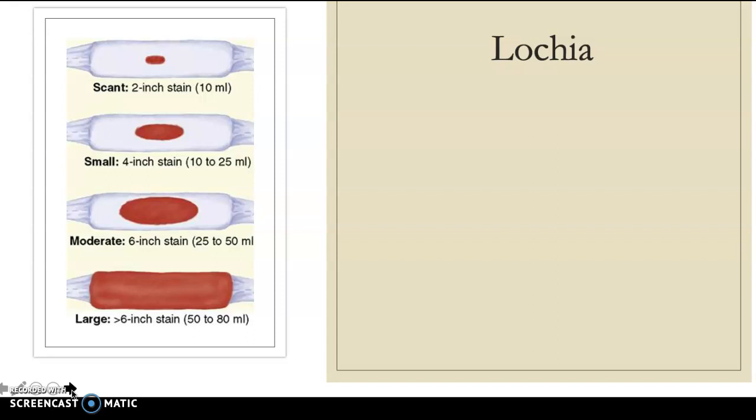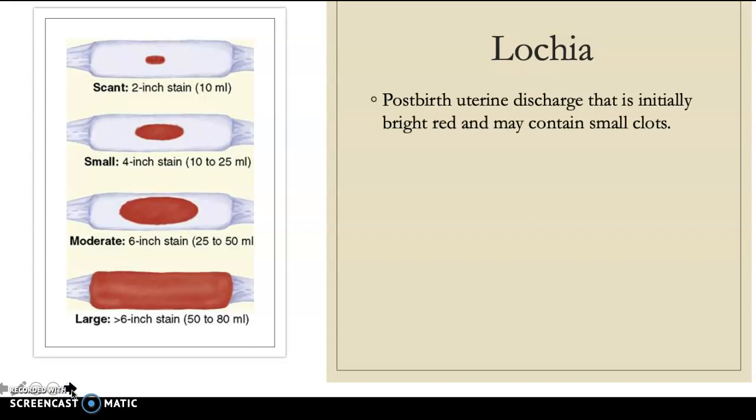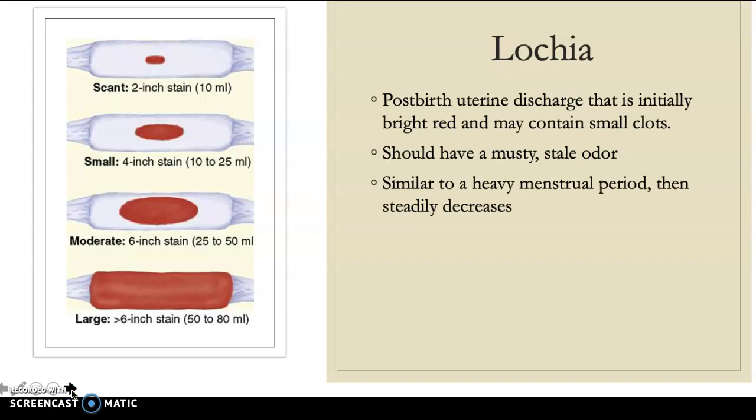That is an open wound, but also the uterus is shedding its entire endometrial layer, just like what happens every month with a period. So it should be small, bright red, a moderate amount with small clots. And it will have a musty or stale odor, kind of just like the smell of blood. A little bit different, but close to that. It's similar to a heavy menstrual period. And then it's going to steadily decrease as the days go by.